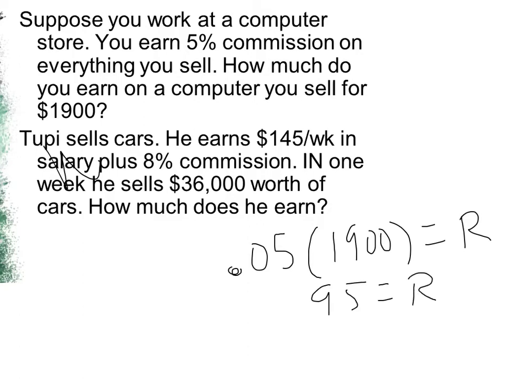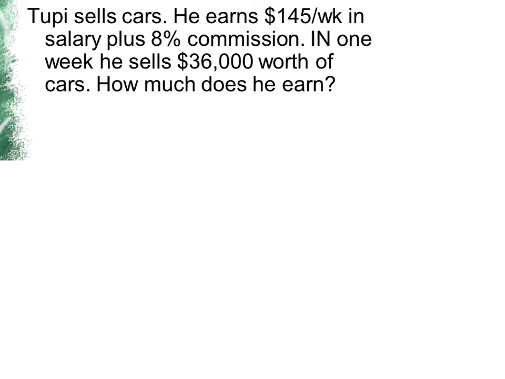Let's take a look at the next one. Someone sells cars. He earns $145 a week in salary plus 8% commission. In 1 week, he sells $36,000 worth of cars. How much does he earn? The $145 a week is completely separate from the PQR problem.